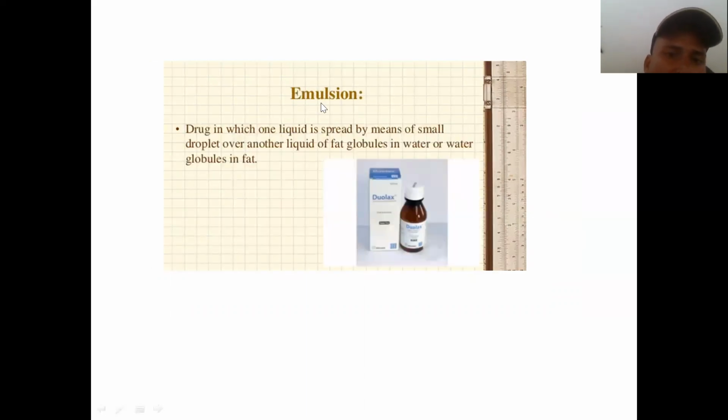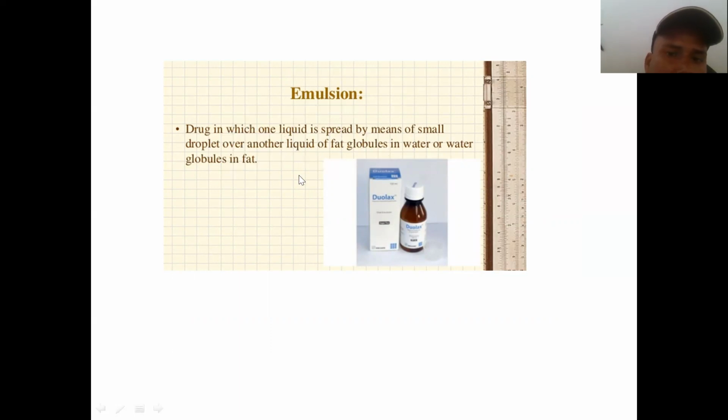Next we will talk about the emulsion. So what is the emulsion? A drug in which one liquid is spread by means of small droplets over another liquid, like fat globules in water or water globules in fat.